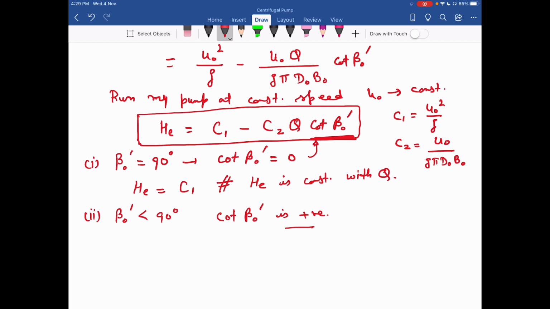When my Q increases, because in that relation here is the negative sign, so you can see H_E equal to C1 minus C2 Q cot of beta_o dash. So here is my negative sign. Due to this negative sign, when my Q increases, H_E decreases.